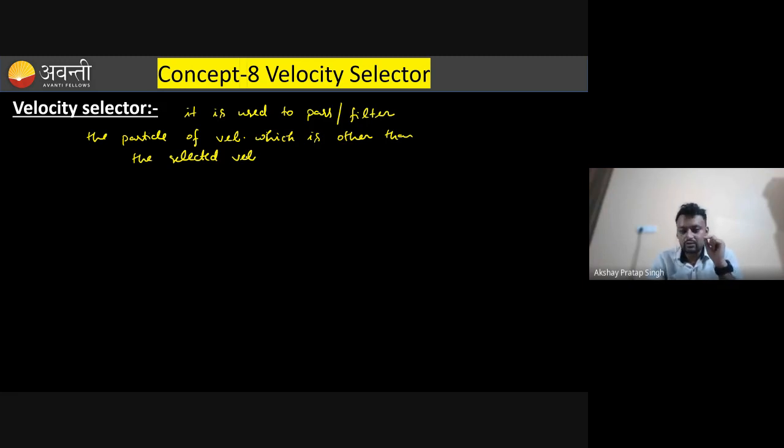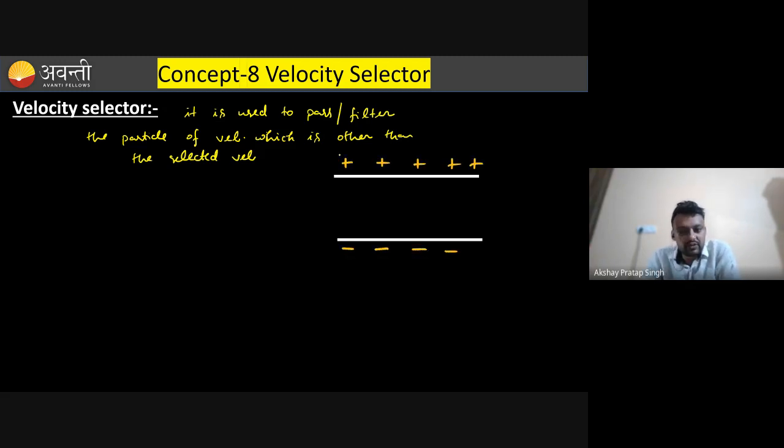Now, what does the setup look like? I'm telling you the setup of the device. There are two plates. Let's suppose the top plate is positively charged and the bottom plate is negatively charged. After that, there is a uniform magnetic field in this region, which is into the plane.